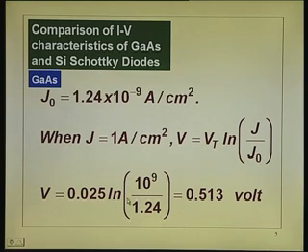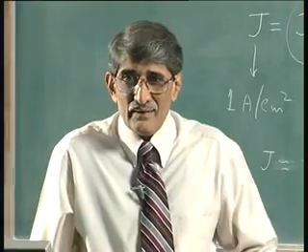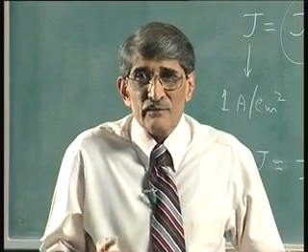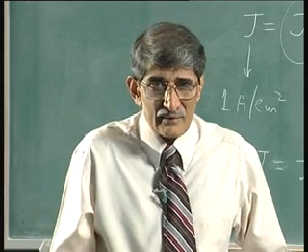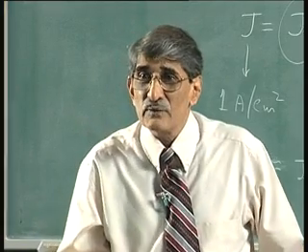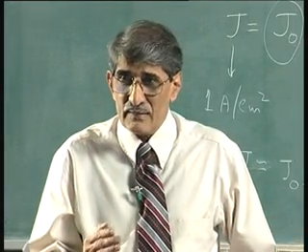Substitute for all that: 1 ampere, and this is 1.24 into 10 to the power minus 9, so that goes up there. So, V is equal to 0.513 volts. This is actually not bad. It is slightly lower than what you get for a PN junction diode in silicon, but getting closer to that of the PN junction characteristics.